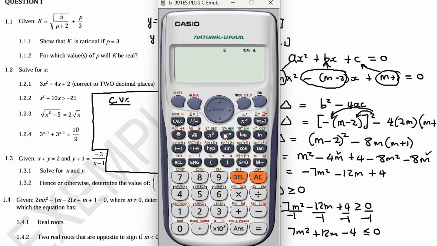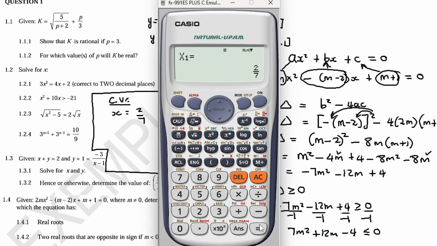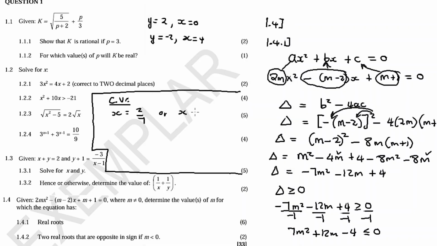But I'm just using the calculator for the sake of time. a is 7, b is 12, then minus 4. The first critical value is x equal to 2 over 7, or the next one, x is equal to negative 2.